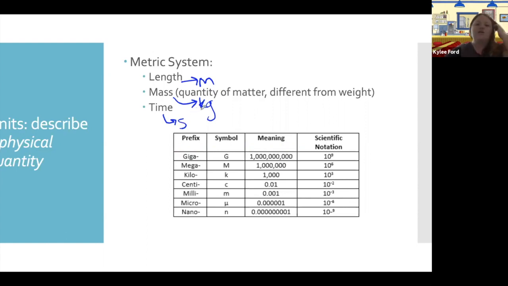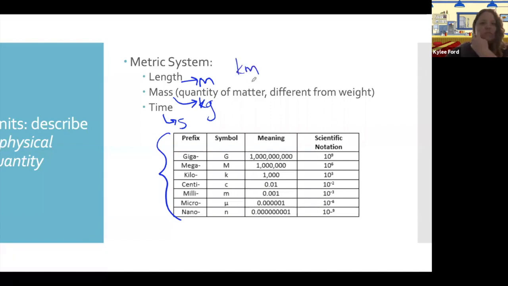Okay, now I have a little table here to kind of show you what some of the different prefixes mean. Okay, so I say meters, okay, but what if I say kilometers?